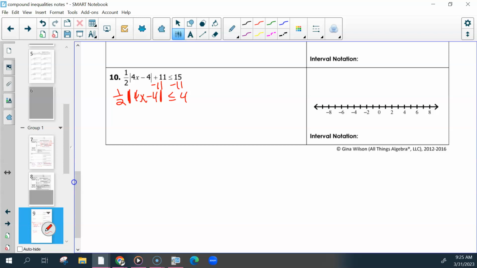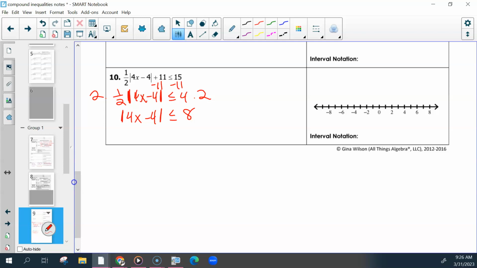Take the reciprocal of 1/2, 2/1, or just 2, and multiply that on both sides. Absolute value is now isolated.